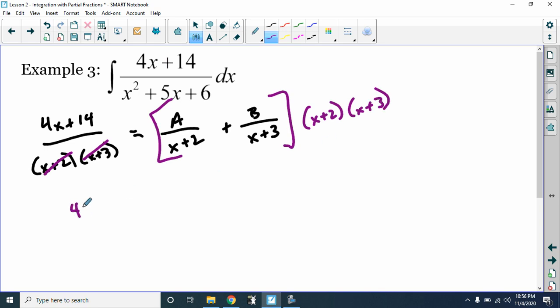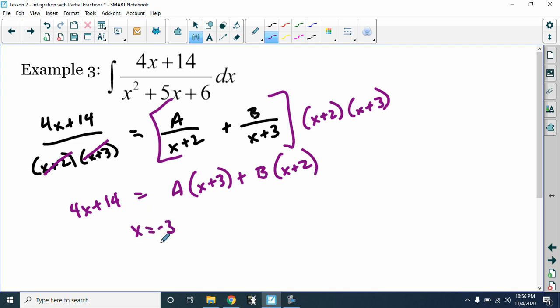So I get 4x plus 14 equals A. When I distribute both of these to this, the x plus 2's cancel. So I get times x plus 3. And then the same thing here. When I distribute this, the x plus 3's cancel. So I get x plus 2. And now we plug in a value for x. We want to choose -3 because that'll make this 0.